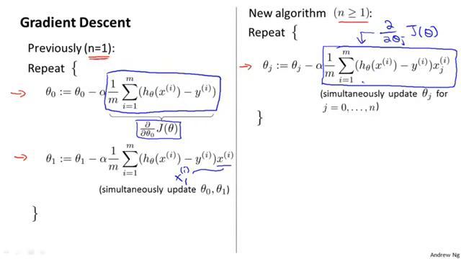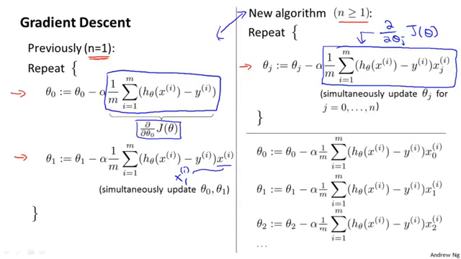The last thing I want to do on this slide is give you a sense of why these new and old algorithms are sort of the same thing, or why they're both gradient descent algorithms. Let's consider a case where we have two features, or maybe more than two features. So we have three update rules for the parameters theta 0, theta 1, theta 2, and maybe other values of theta as well.